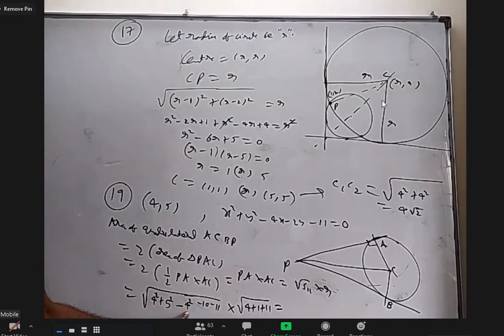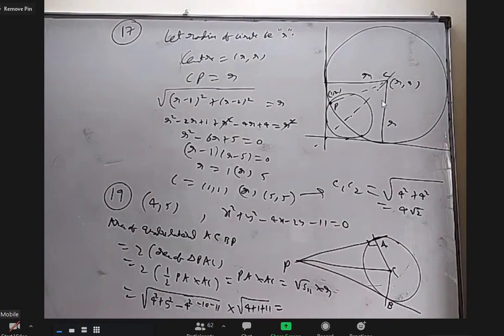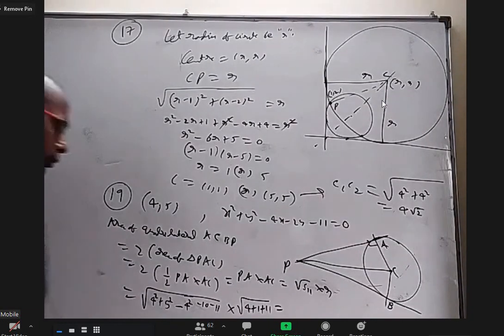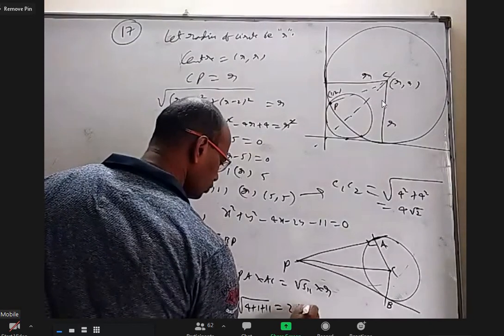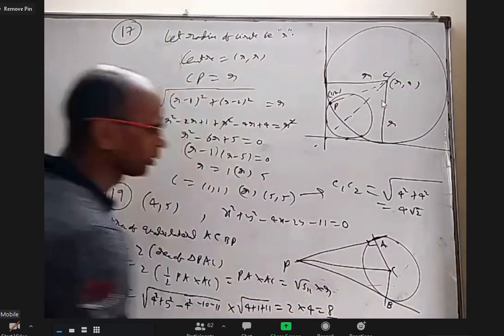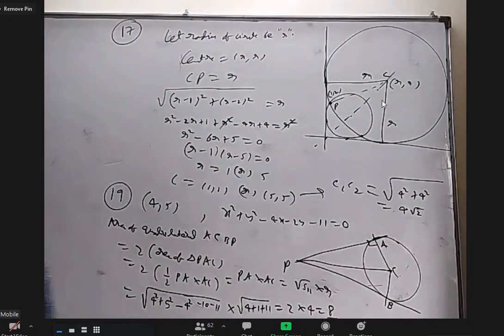Okay, 4 square will cancel. 25 minus 21, root 4, which is 2, into 4, which is 8. One of them is 2, one of them is 4. Directly.